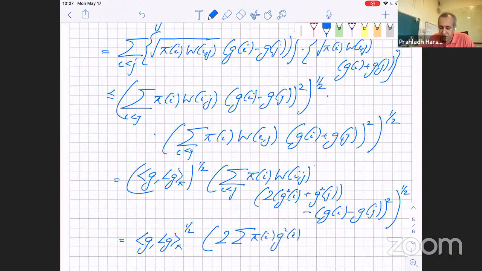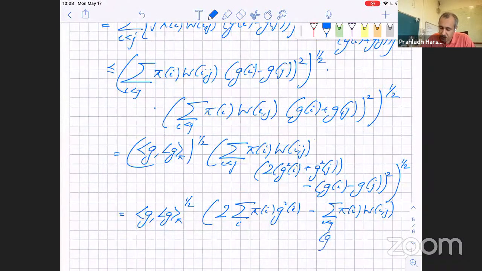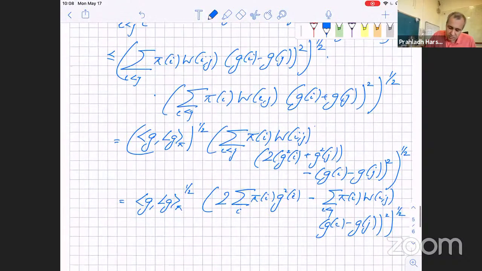These two sums will turn out to be this minus summation i less than j pi i wij, which, what is this? This is just 2 gg pi minus gLg.